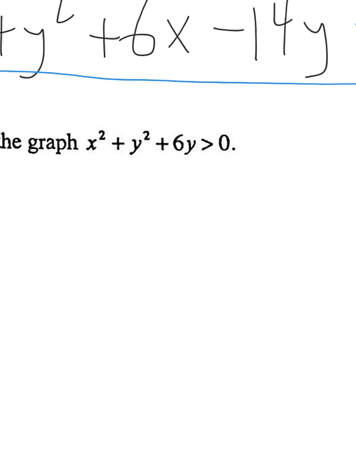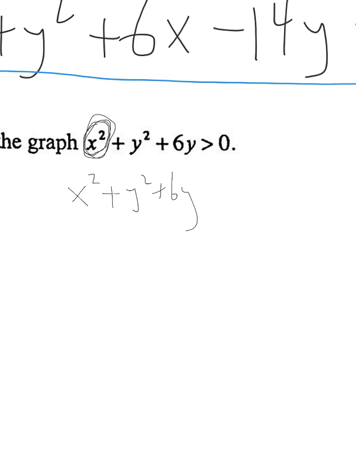Alright. Well, what's nice is normally we would group the x's and group the y's. They're already grouped, and this is particularly nice. This confuses people, but this is actually really nice. This means we don't have to complete the square for the x group. You only have to complete the square if there's an x squared and an x term. That's done. Just bring x squared down, you're done with that part. But we do need to complete the square on the y group. So we have plus y squared plus 6y.